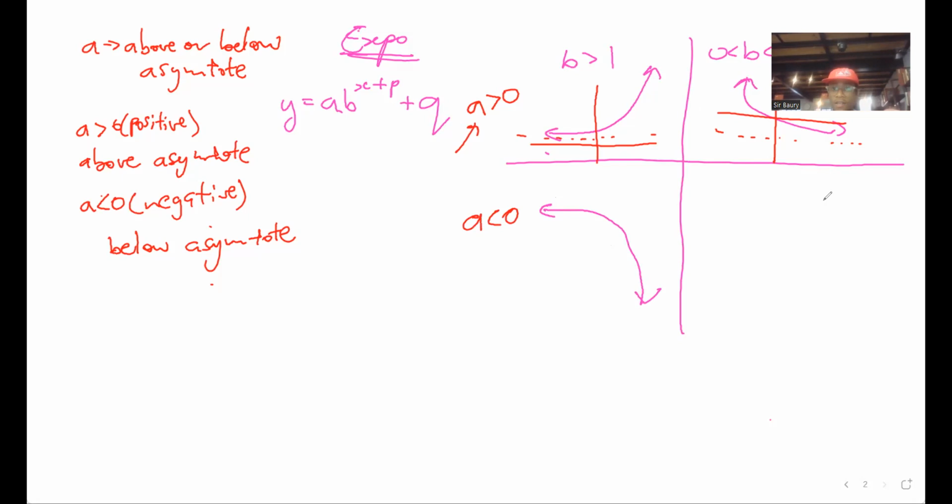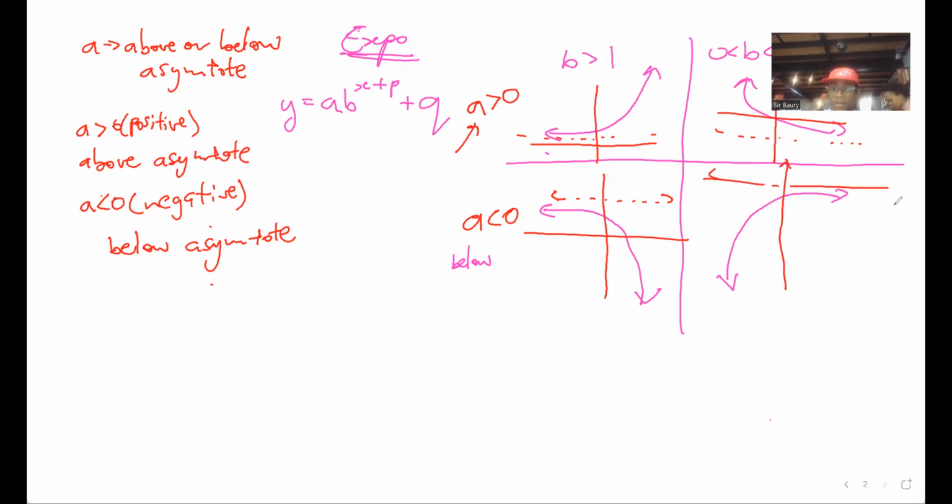Then here it's going to be like this. This is below the asymptote. A tells us if the graph is above or below. This is below the asymptote.